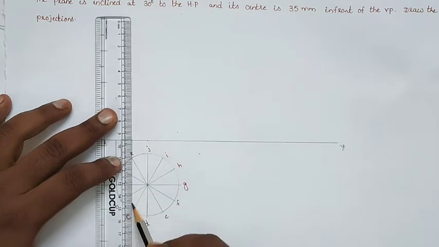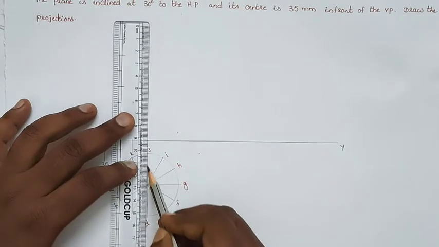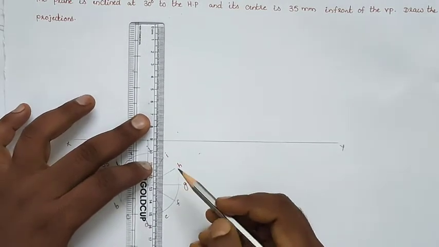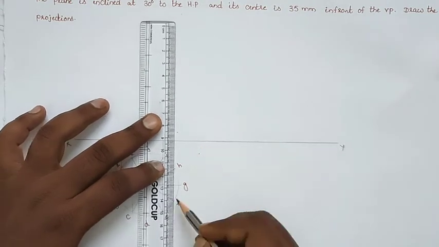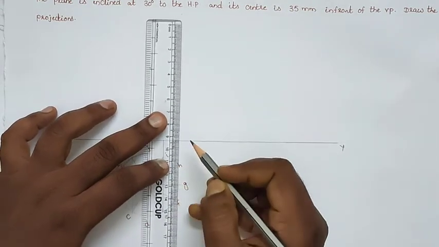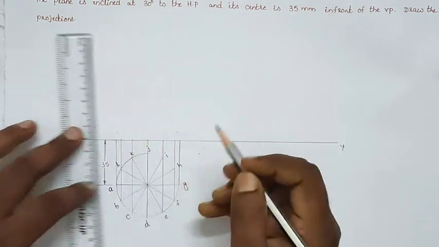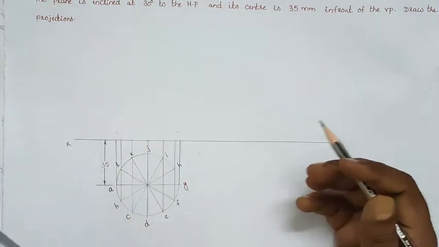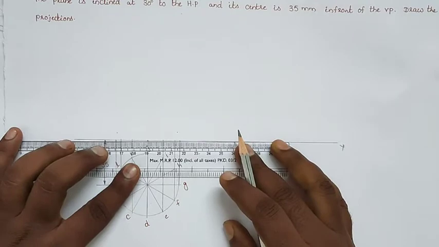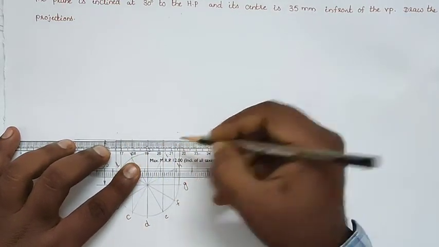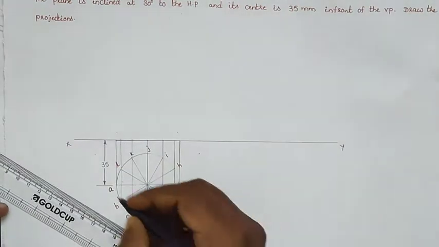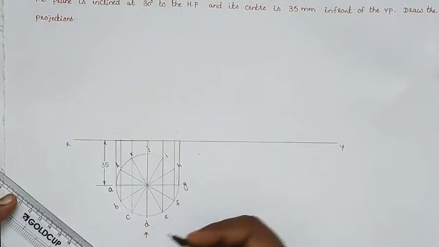From the points on the first top view, we will project vertical projection lines up to the reference line. So this is our first front view. Give the naming here. This is the direction of the first front view.